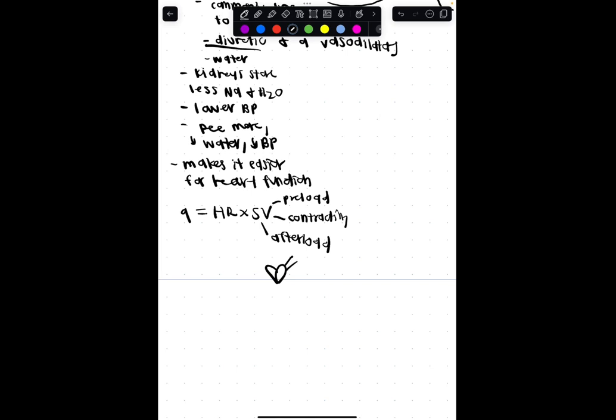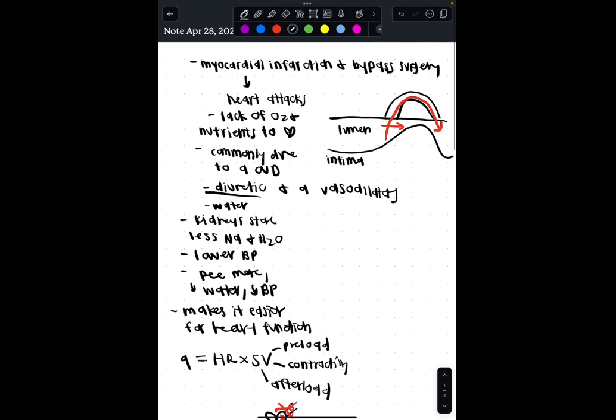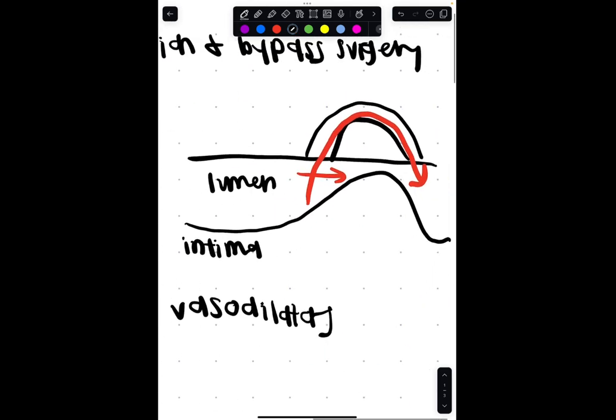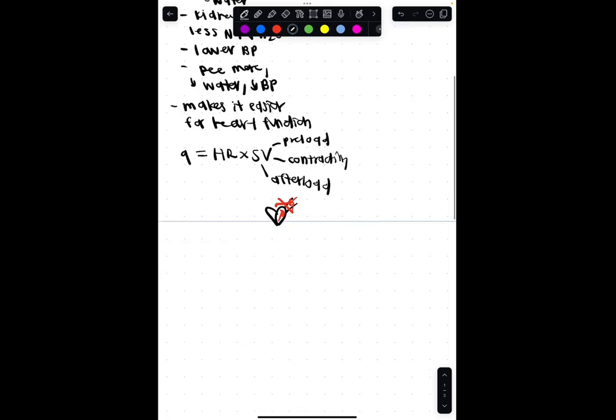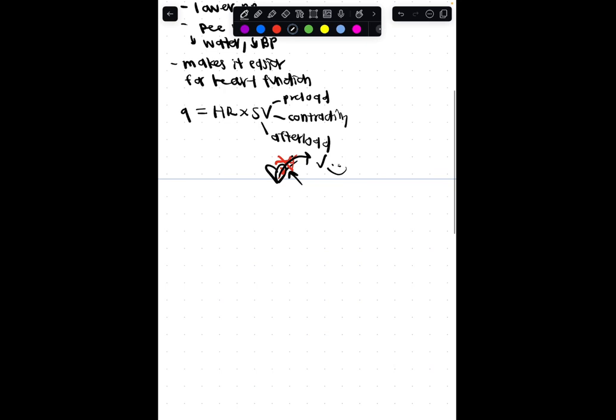So it's harder for blood to exit the heart because we have so much pressure coming in here. And the heart has to work too hard. We do not want that to happen, especially after someone's heart has gone through so much trauma and we have this going on and we're trying to heal and recover. So what we do is decrease our blood pressure, therefore putting less pressure right here so the blood can easier exit, making it happy.